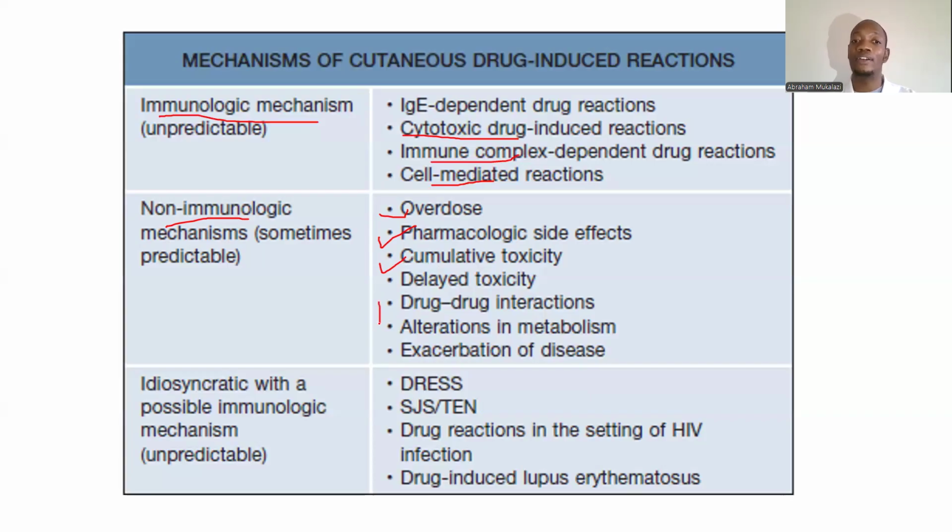We can also have drug-to-drug interactions. We know that some drugs are supposed to be metabolized by particular enzymes in the liver, the cytochrome system. So in some cases, some drugs are inhibitors and others are inducers of different enzymes of the cytochrome pathway. For example, you find drugs like fluconazole being an inducer of some cytochrome enzymes, at the same time being an inhibitor of others.